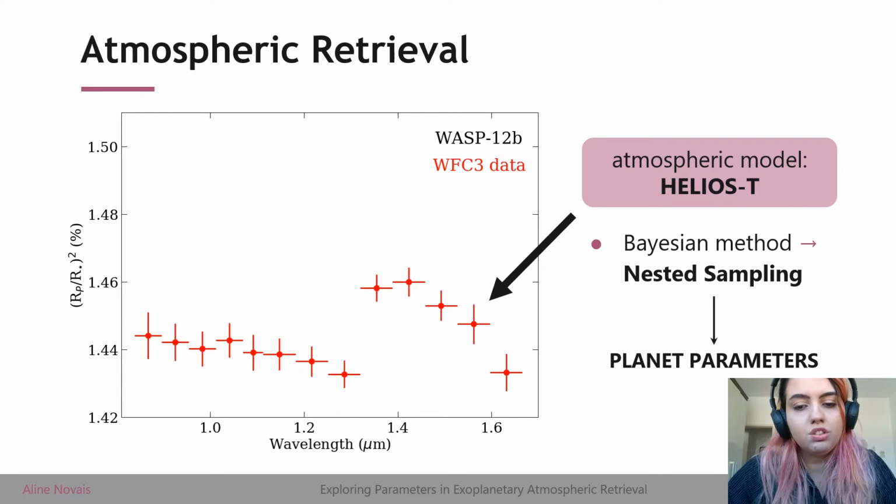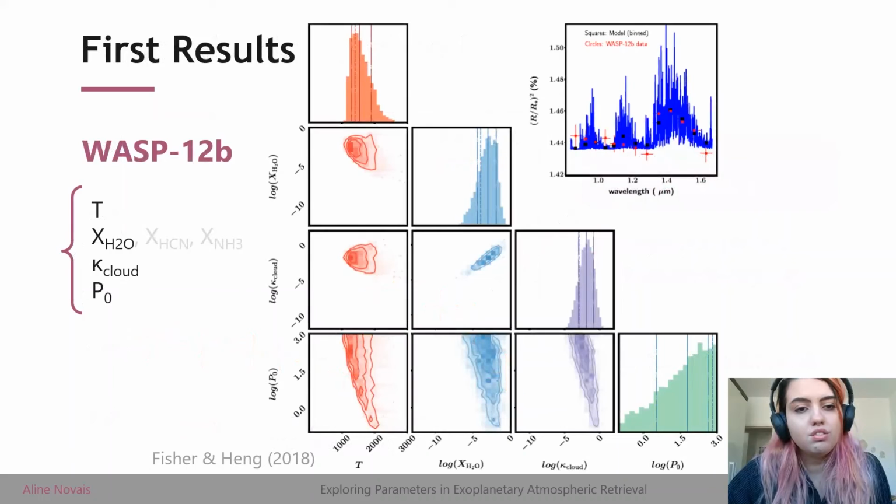And like I told you, by applying this model, we can obtain some planet parameters. So these are the first results from Fisher and Hang 2018 for the planet WASP-12b. In the top right corner, you can see the spectrum. Again, in red is the Hubble data, and in black and blue is the modeled spectrum.